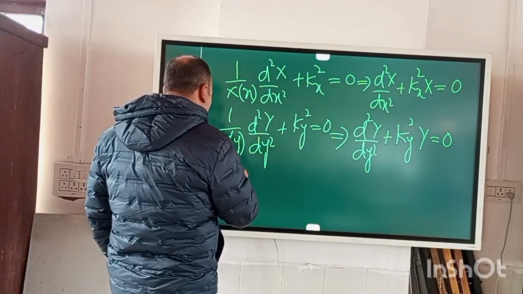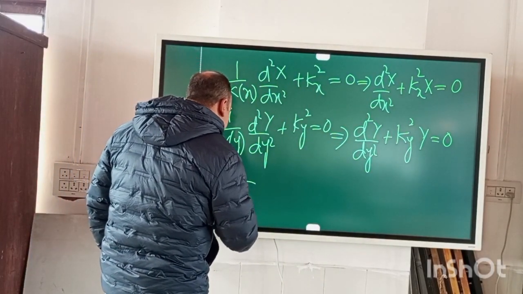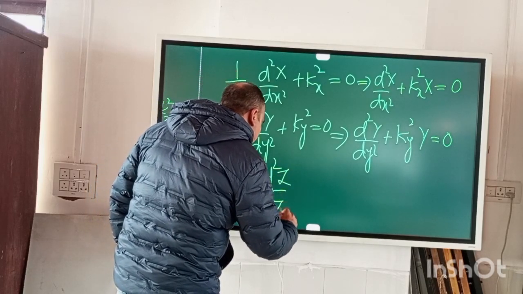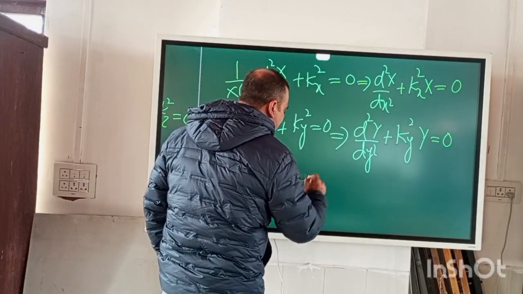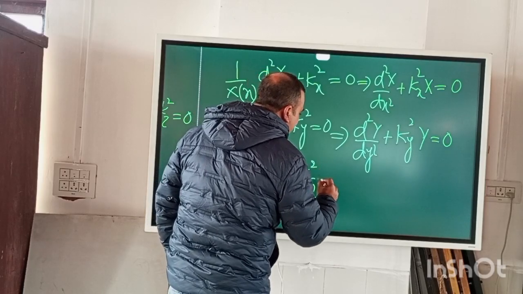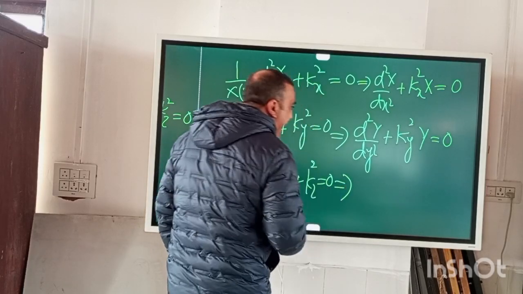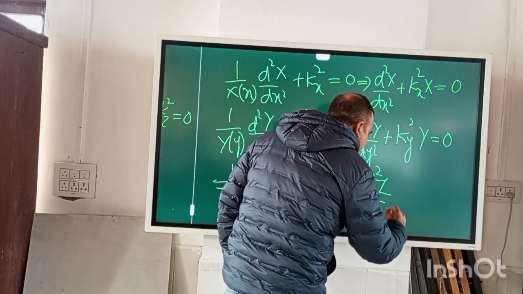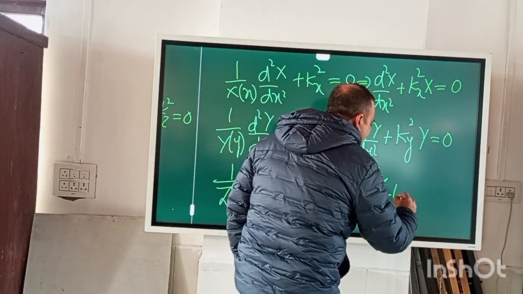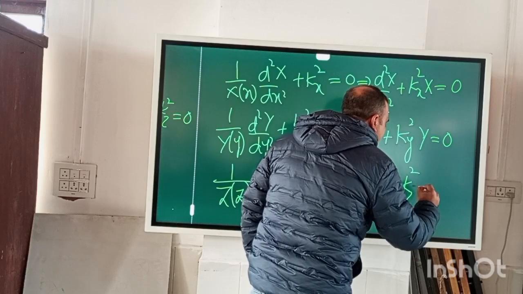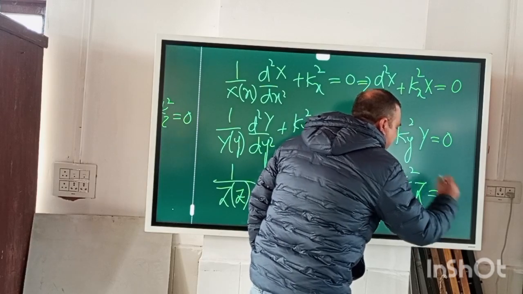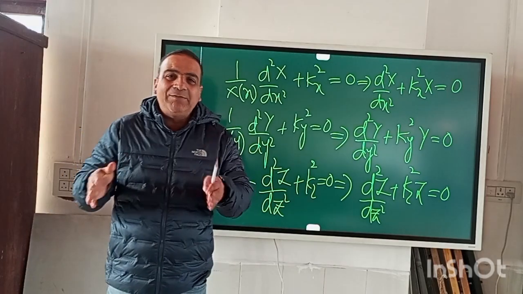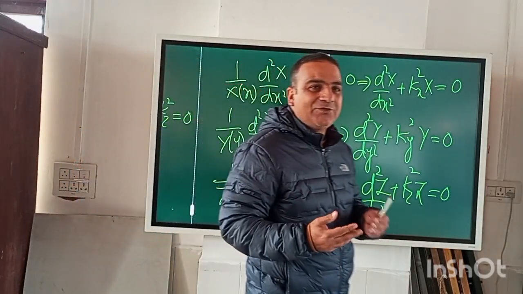The third one, 1 by Z of z, d2Z by dz2, plus kz square is equal to 0. That implies d2Z by dz2 plus kz square Z is equal to 0. Clear?